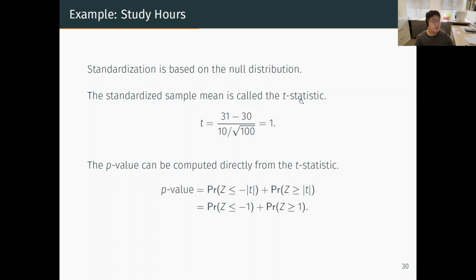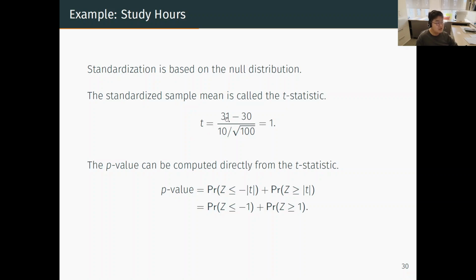The name t-statistic originated from a statistician in the past who used the pen name Student. He called himself Student and used t, maybe his favorite notation. So we still use t as the notation for this standardized test statistic, right?